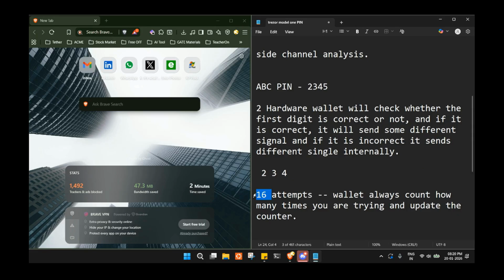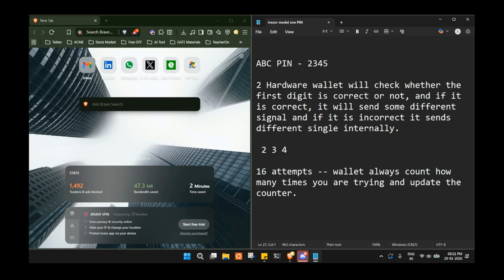that the 16 attempts had not been done yet. So either you can give very little voltage supply, so it doesn't have enough power to increase the counter. That is one way. And the second way is you can send some kind of signals, so the hardware wallet will get disturbed and will not count properly.